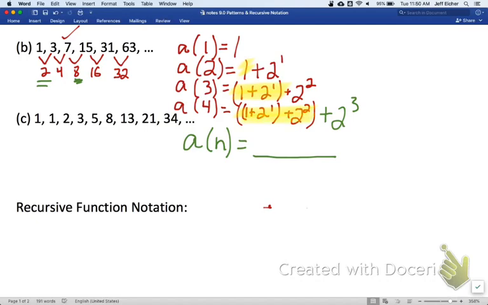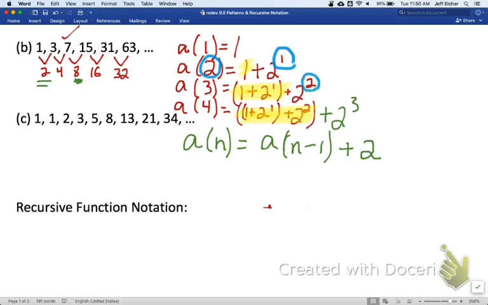So I need to add the term before, so that would be a of n minus 1. And I need to add some multiple of 2. So what exponent should I use on that? Well, let's look at the pattern here. This exponent, how does that compare to the term that we're on?